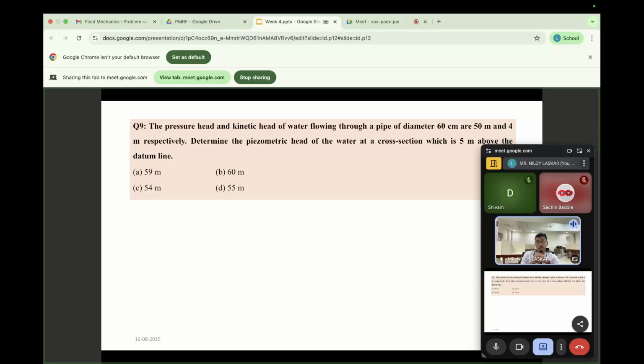So the pressure head, that means P by rho g, is given as 50, and the kinetic head, that is V square by 2g, is given as 4 meter. The diameter is given, that is 60 centimeter. So what is asked to find? Determine the piezometric head of water at the cross section which is 5 meter above the datum line.